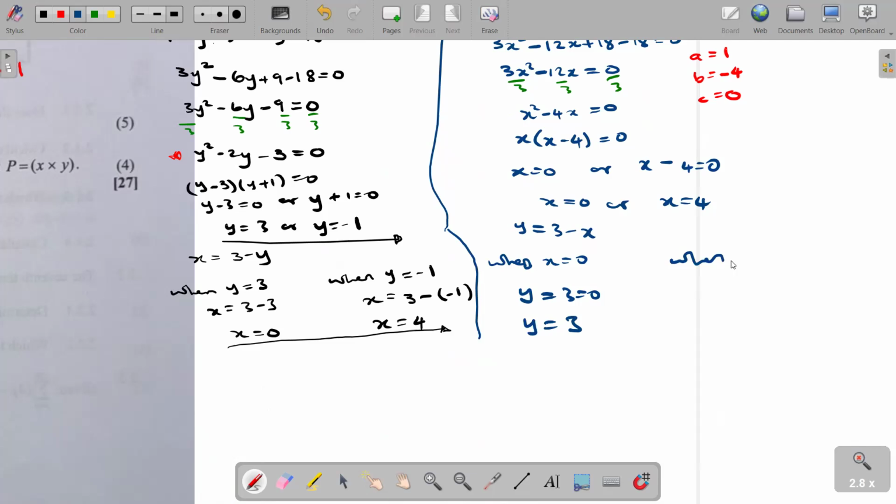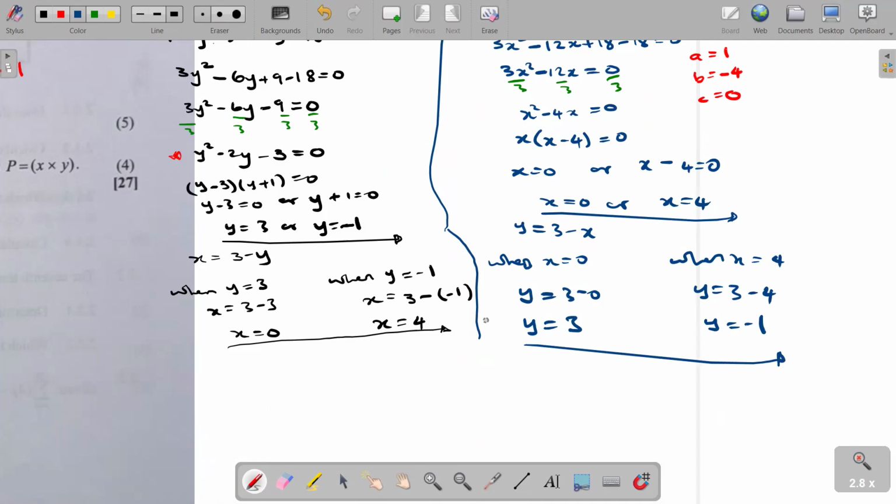Then when x is equal to 4, it will be 3 minus 4, y will be equal to minus 1, which are the values that we got in the previous exercise. These are our solutions for x, and these are our solutions for y.